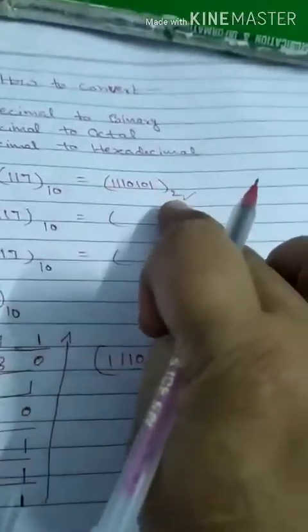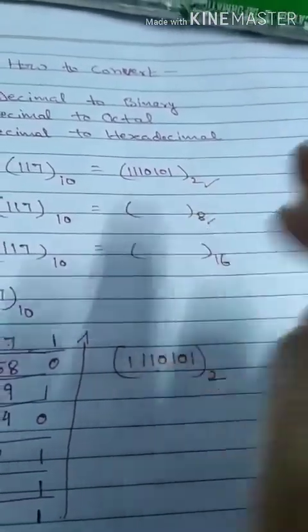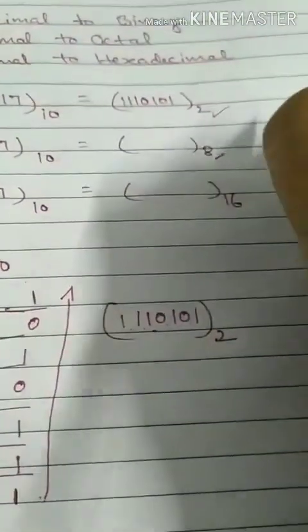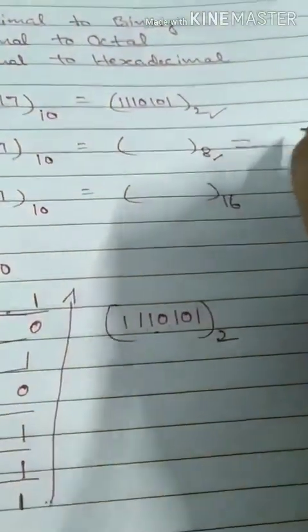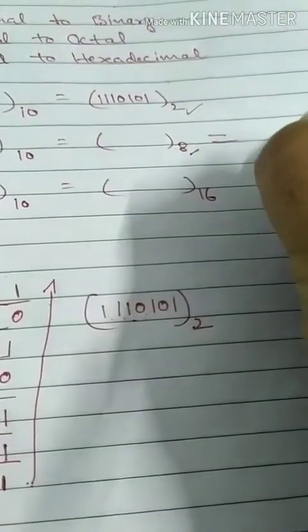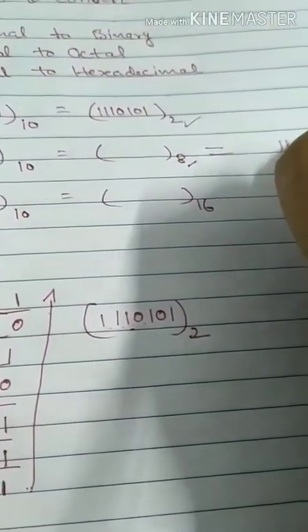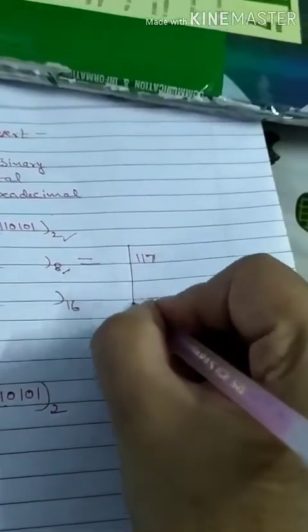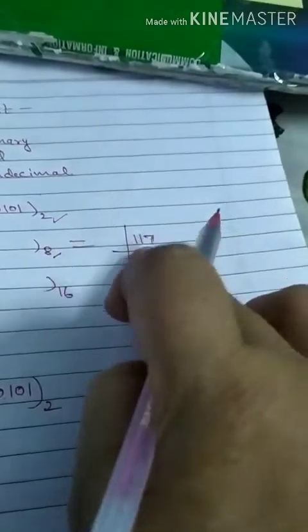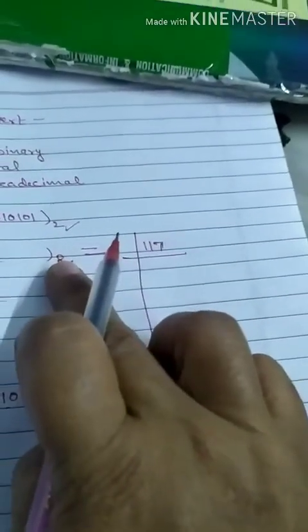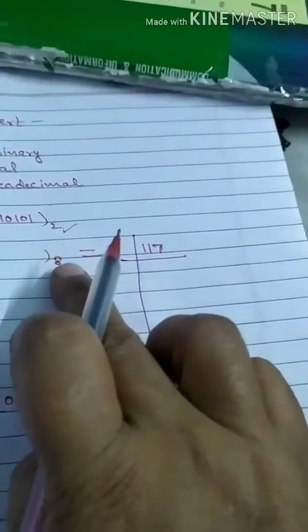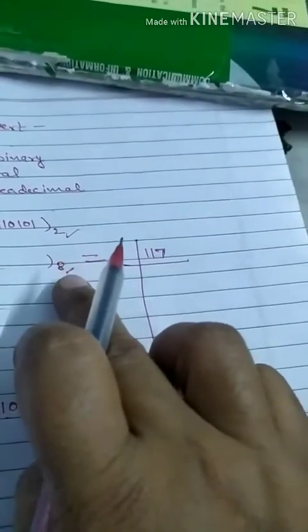Here I am solving 117. Now I divide by 8 because I want to convert into an octal number. So we divide by 8.